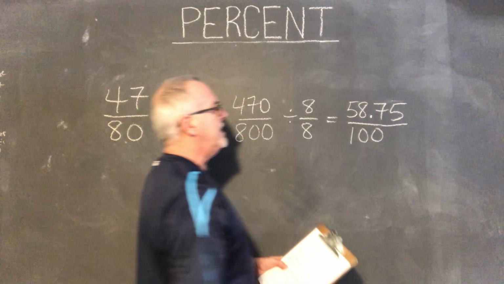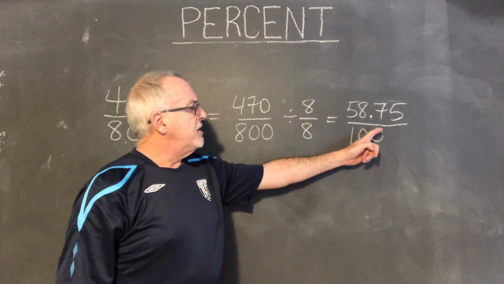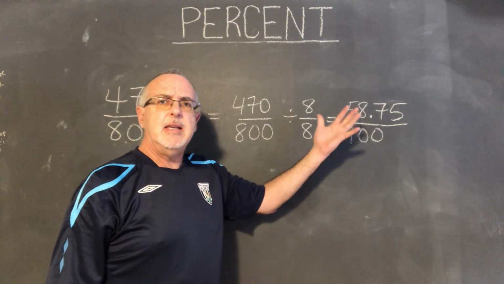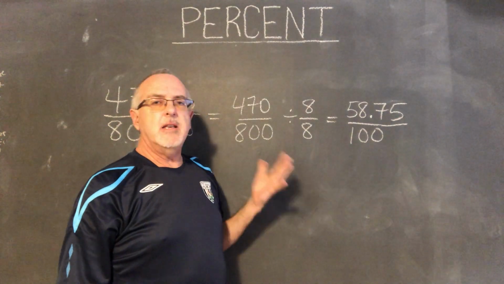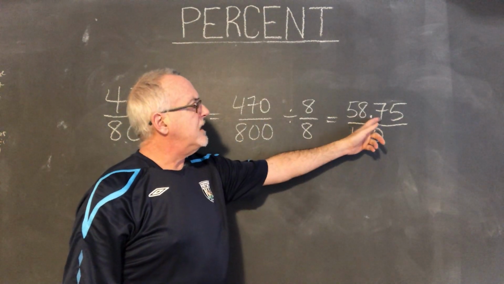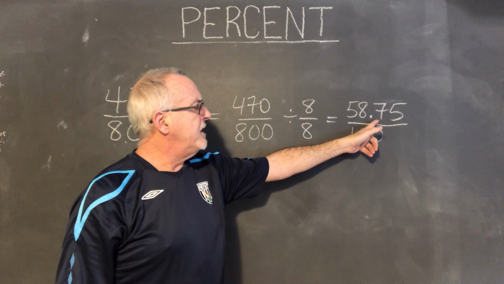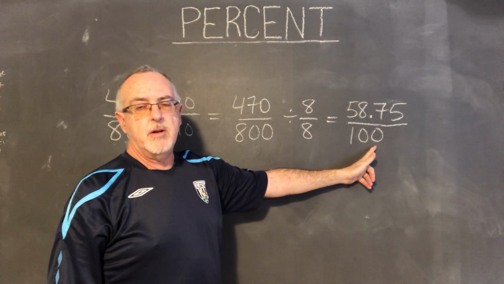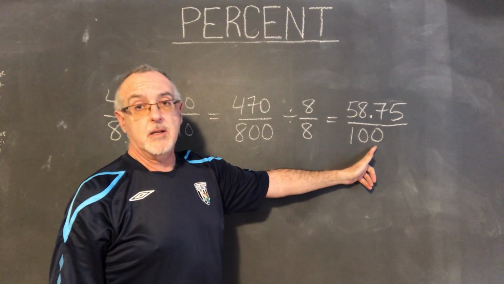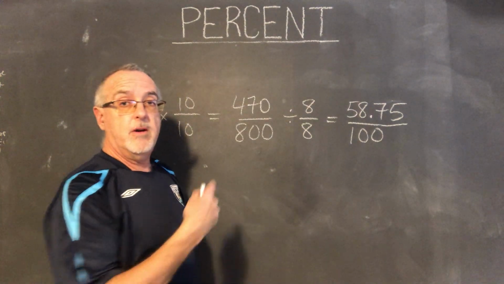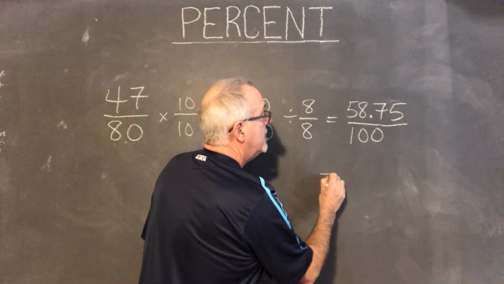Yes, I have done that yucky thing, which is creating a fraction that has a decimal in it. But in this case, it doesn't bother me because that decimal, 58.75, is the numerator in a fraction that has a 100 as the denominator, which means I can just very quickly turn this into a percentage.